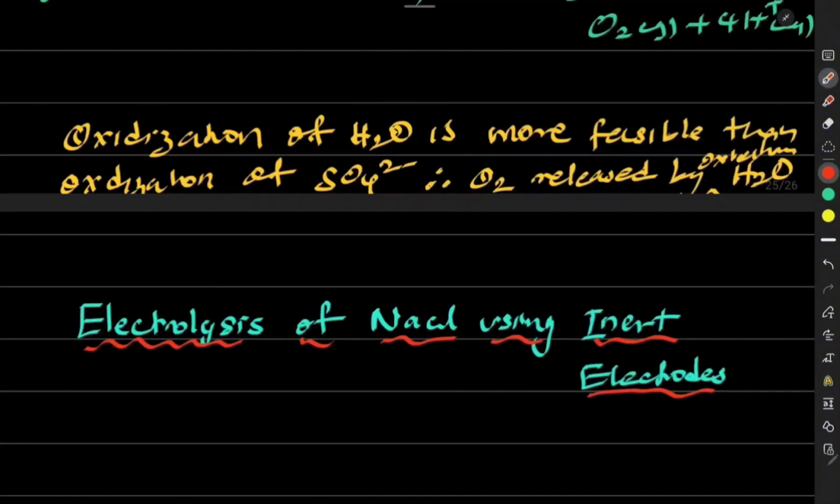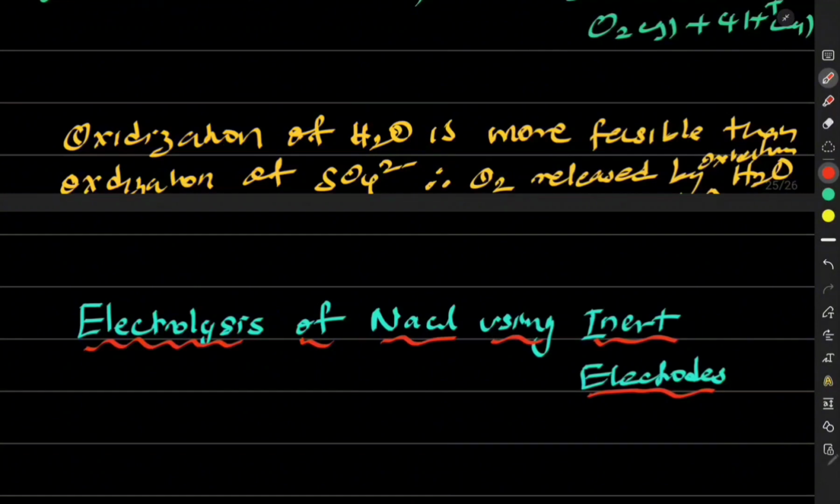Now let's discuss electrolysis of sodium chloride using inert electrodes. When considering electrolysis of sodium chloride solution, it is important to analyze the oxidation and reduction reactions that can happen at the corresponding electrodes first. Then the comparison of the standard reduction potentials of the reactions can be used to predict the product.